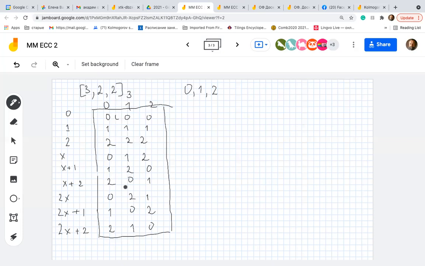And some of these also differ from each other in 3 positions. So the minimum distance here is equal to 2. Of course, this set of code words may be found just by a small search, and we do not need to understand that this is the Reed-Solomon code to find it. But for larger alphabets, it's not very easy to find such code words.